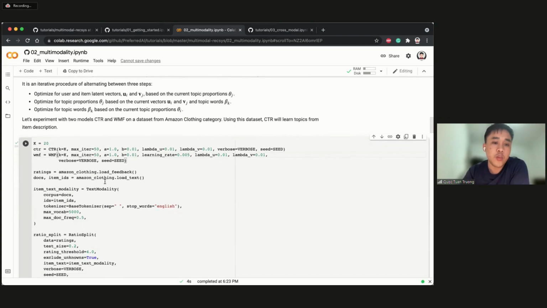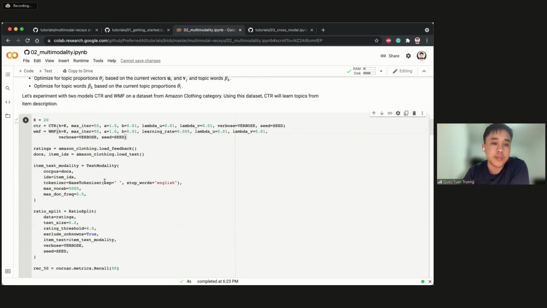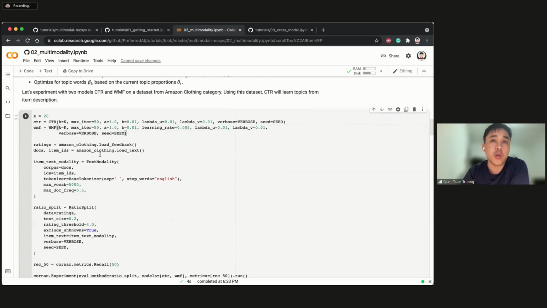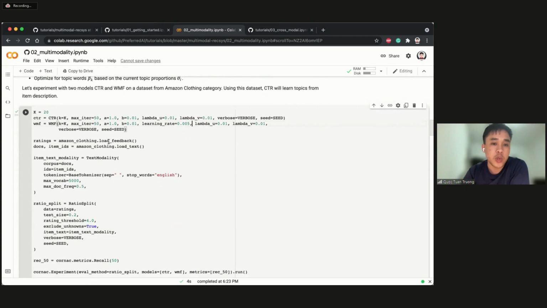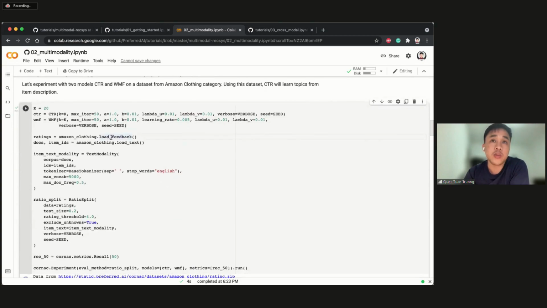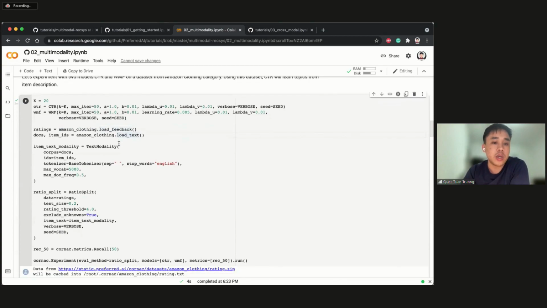And when you want to compare those two models in Cornac, in this case we use the Amazon Clothing dataset, right? We need the feedback between the user and item, in this case the ratings, and we have the text, which we already answered earlier. This is the text description of each of the items.